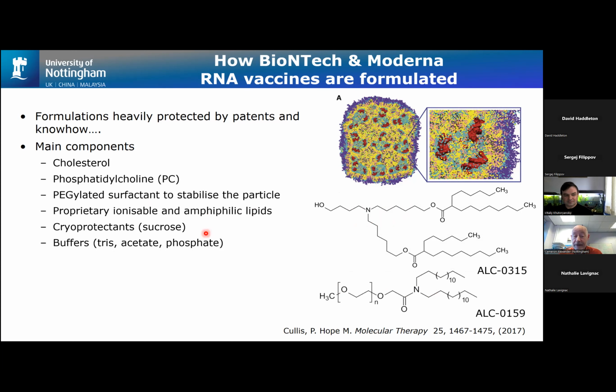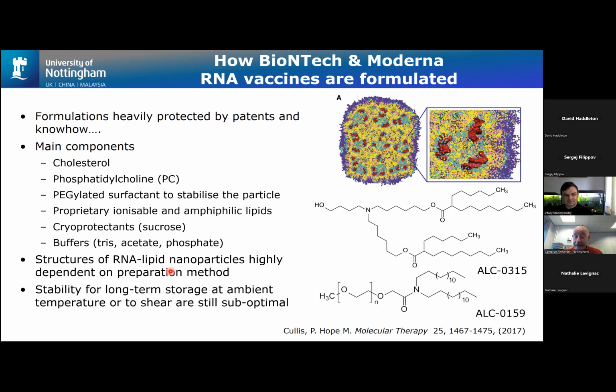There are a lot of things like cryoprotectants and buffers, and they have a role in formulation stability, but I don't have time to talk about those today. But as it turns out, the structures of these RNA lipid nanoparticles are very dependent on the preparation method. And again, that sometimes is covered by patents or by know-how, and it's not trivial to make these things.